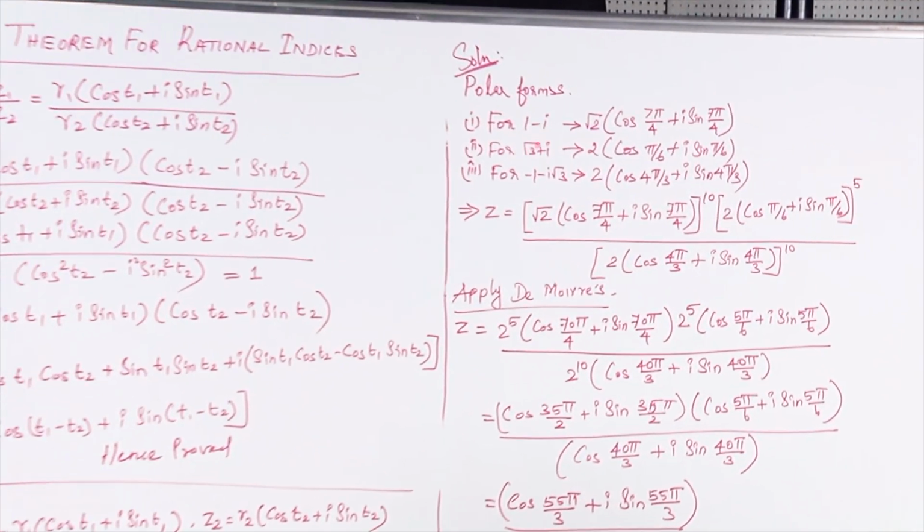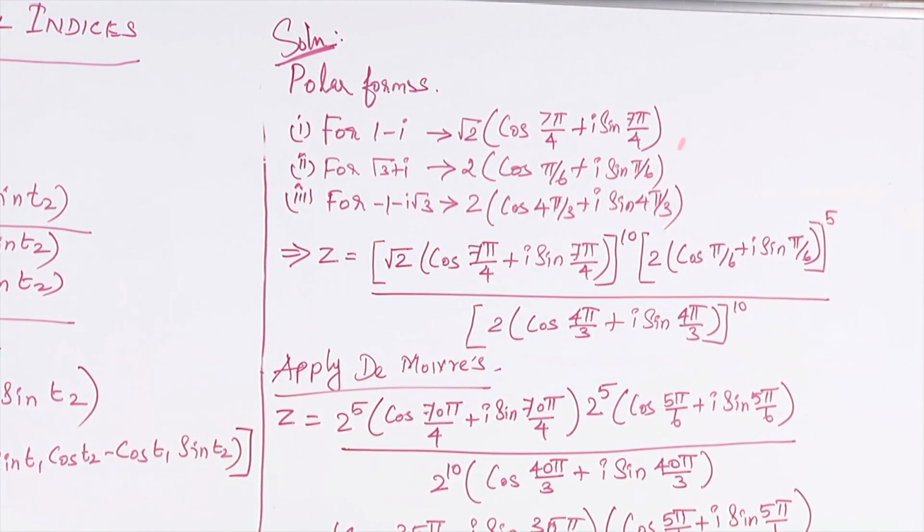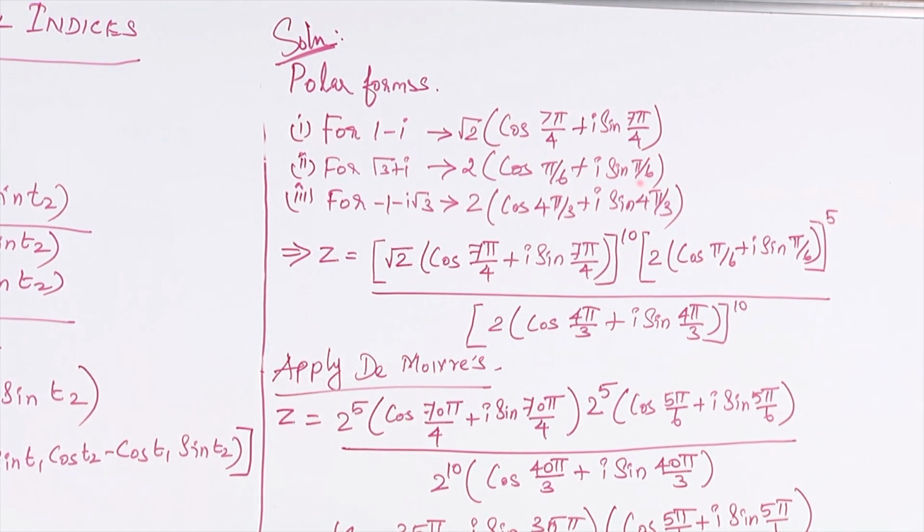So 1 minus I is equal to root 2 cos 7 pi by 4 plus I sin 7 pi by 4, and root 3 plus I is 2 cos pi by 6 plus I sin pi by 6. I am just converting this rectangular coordinate into a polar form, that is all. And 1 minus I root 3 is this term.